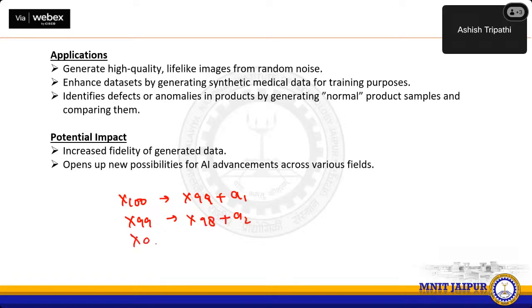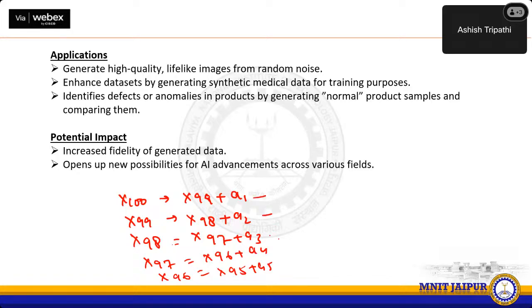And x of 98 is equal to x of 97 plus a3. X of 97 is equal to x of 96 plus a4. X of 96 is equal to x of 95 plus a5. So you know the value of a1, a2, a3, a4 and a5.